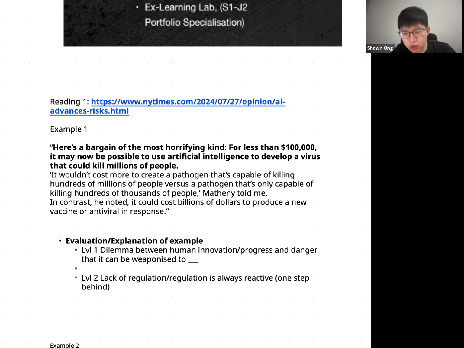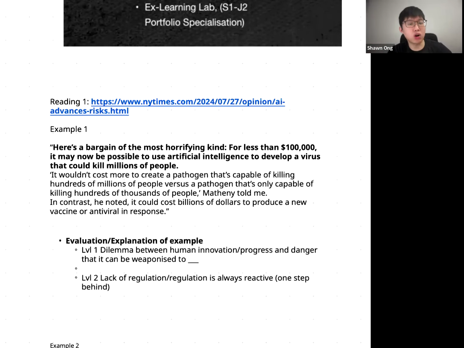And the second level of evaluation or explanation that you can do is this: when technology or AI develops so quickly, there will naturally be a lack of regulation, because regulation is generally reactive. What that means is that it's playing catch up. Something bad happens, and I create a law or legislation to control that or mitigate against that kind of scenario.